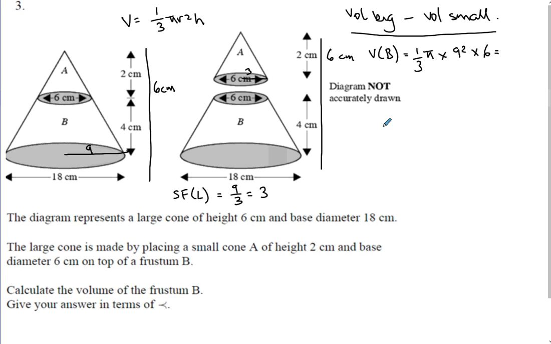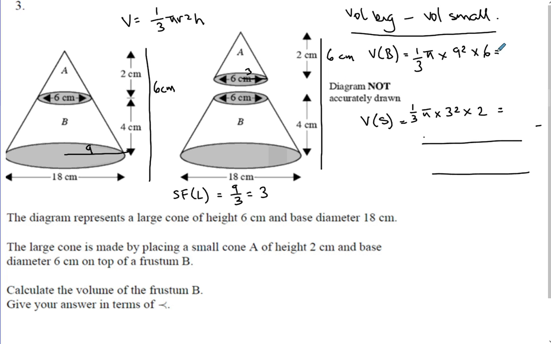I don't actually put it on my calculator yet, because I'm going to do the volume of the small one, and then I will go on my calculator, because I'm all prepared, and it'll be that minus that. So here we've got 1/3 pi times 3 squared times the height of 2.